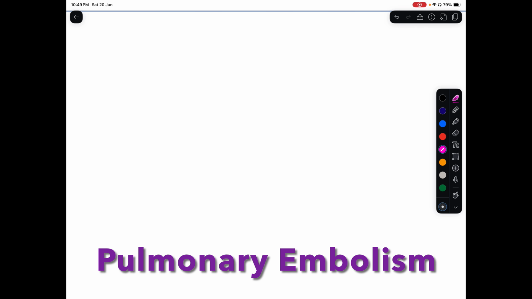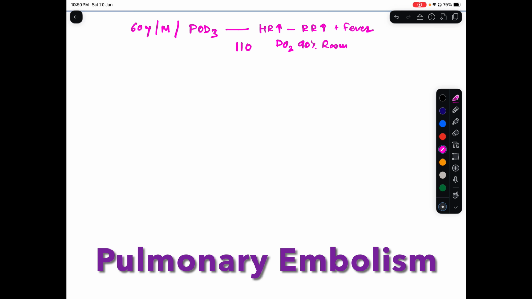So the next stem is of a 60-year-old male patient who has undergone surgery for the sigmoid colon. On post-operative day 3, he has tachycardia, the heart rate as well as the respiratory rate is increased, tachypnea plus fever. Pulse rate is 110, oxygen saturation is 90% on room air, RR is 24, BP is 110 by 70.